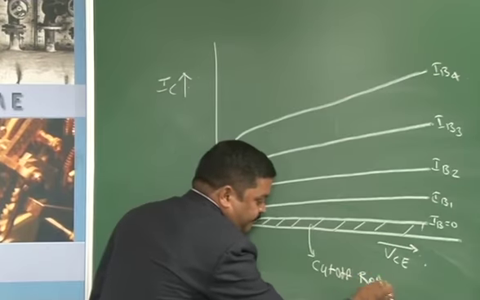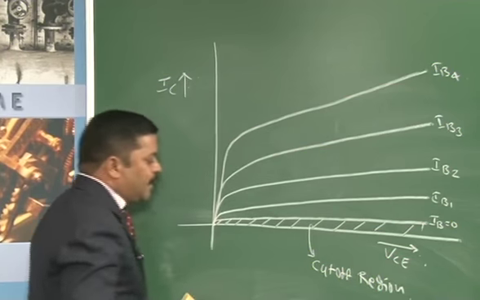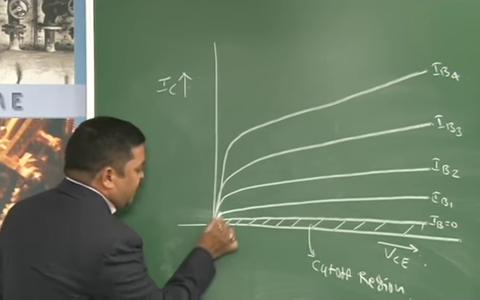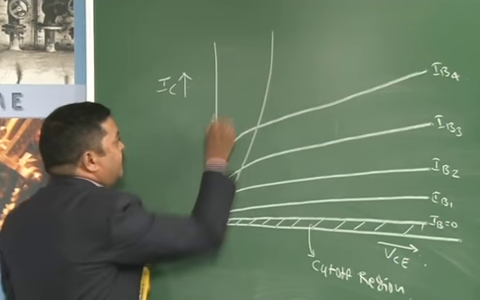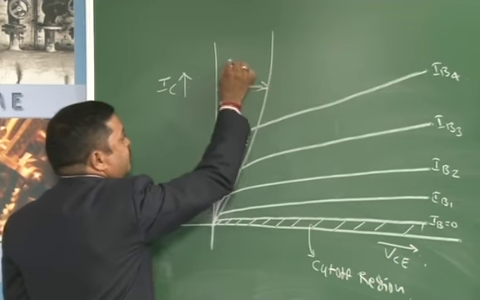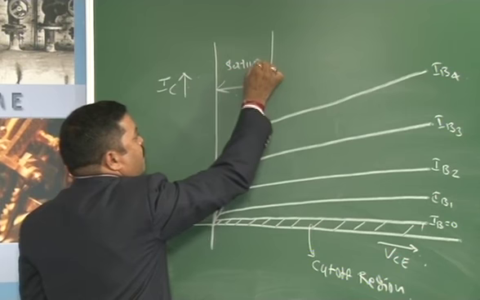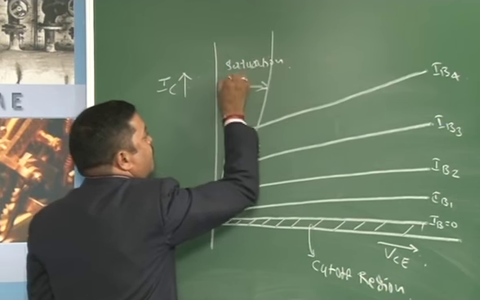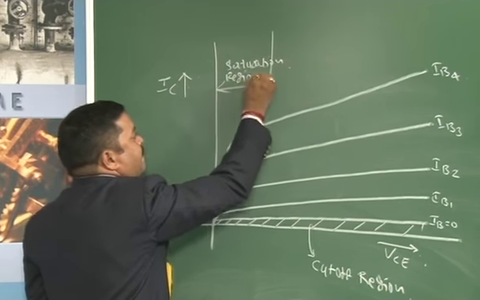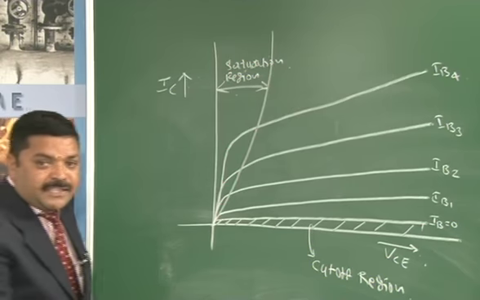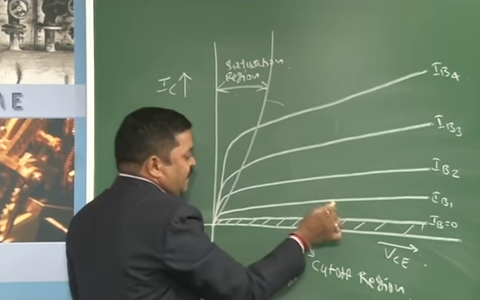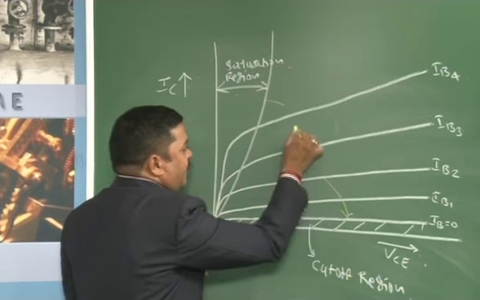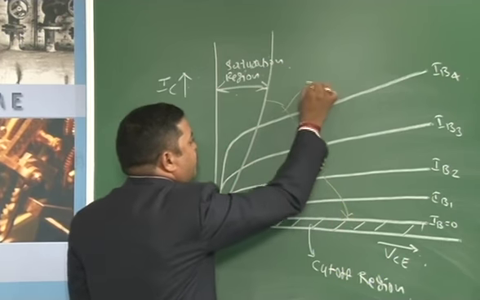Then the region on this side is called the saturation region. And the region between the saturation and the cutoff is called the active region.